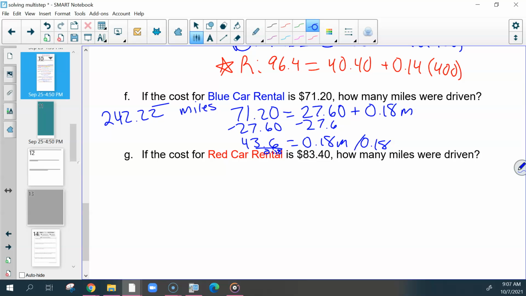You could be more specific and say miles driven, but miles works. On a test, we just put a number and then write down miles.